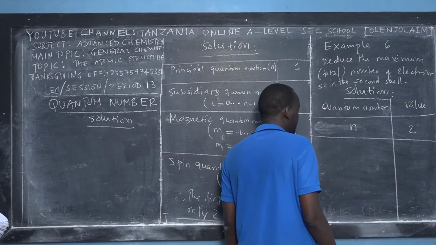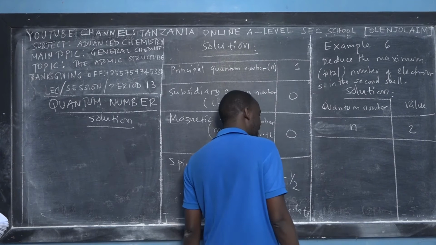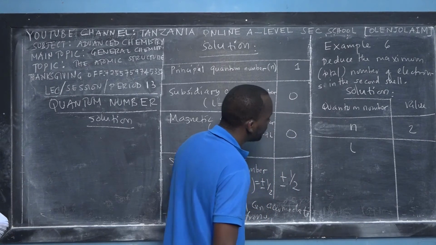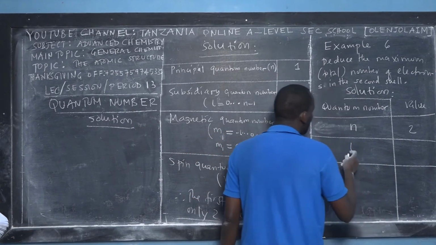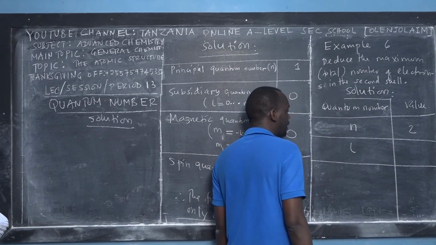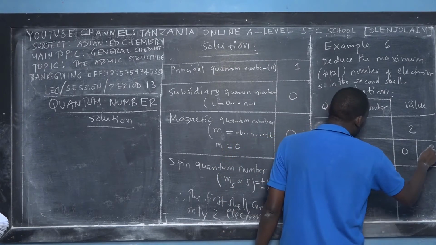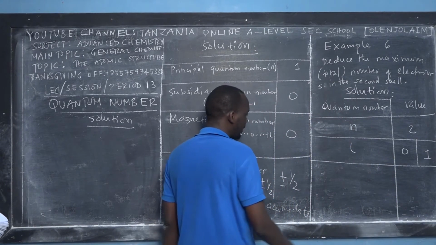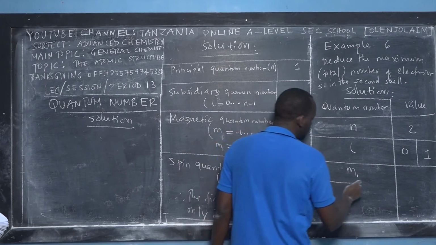Then you go for the second quantum number, which is the subsidiary quantum number. Because we have n equal to 2, we have 2 subsidiary quantum numbers: L is equal to 0 and L is equal to 1. And then we have the magnetic quantum number, M1.